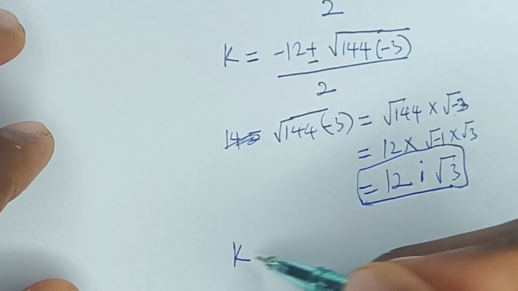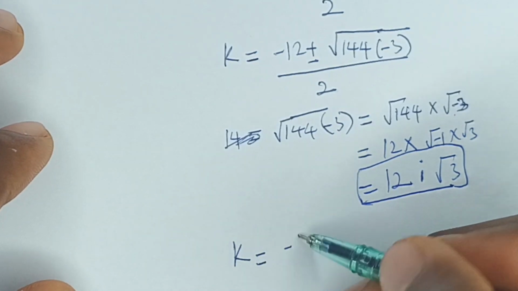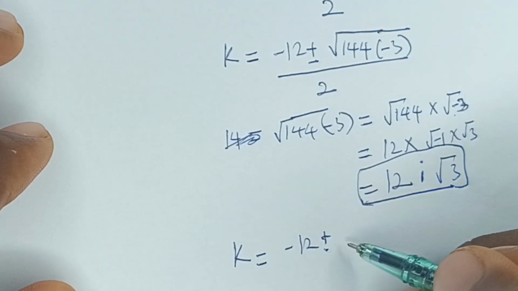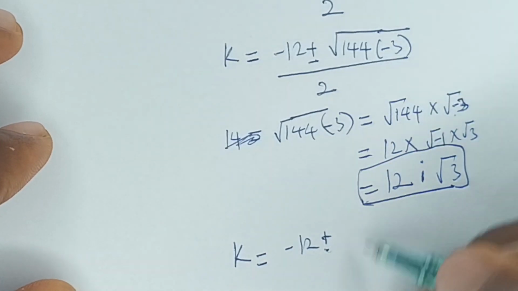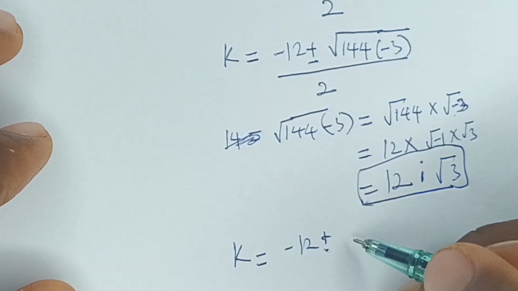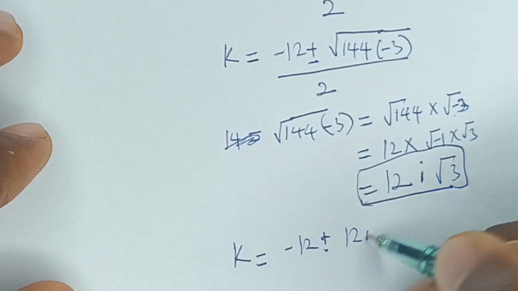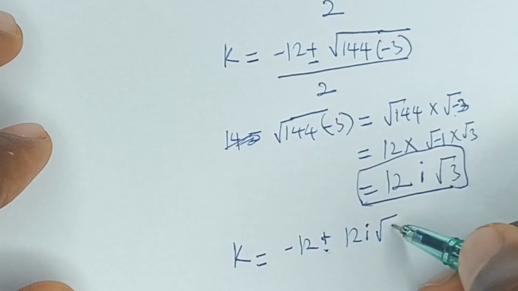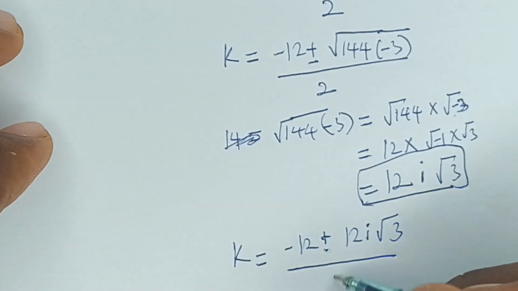So we have that k is equal to minus 12 plus or minus 12i times root of 3 all over 2.